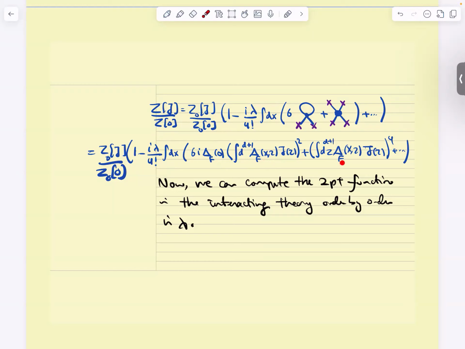What is this? This is just Δ_F(x,z) J(z) to the power 4. What did we do? We calculated diagrammatically in terms of integrals the generating functional of the lambda phi 4 theory to the first order in lambda.